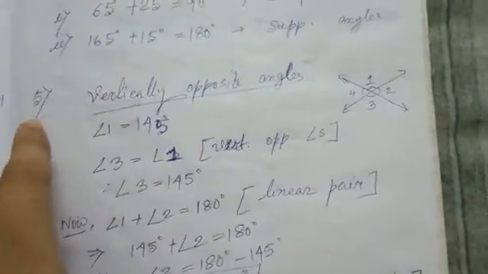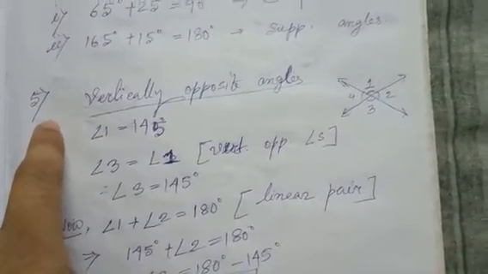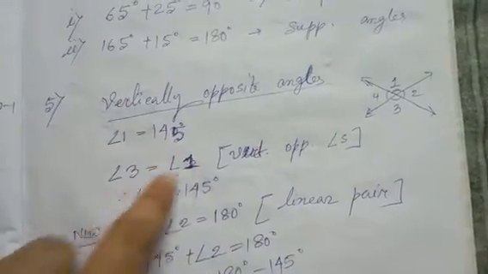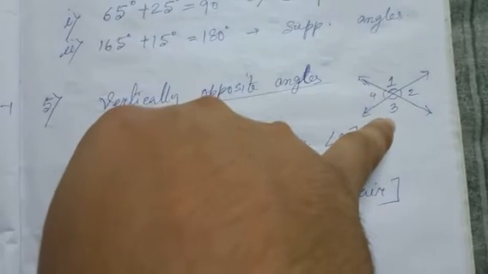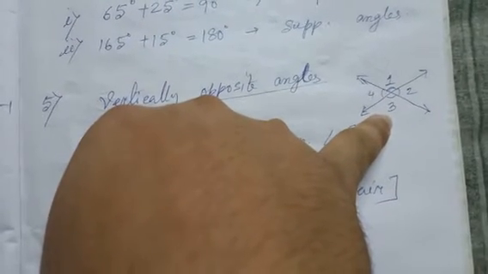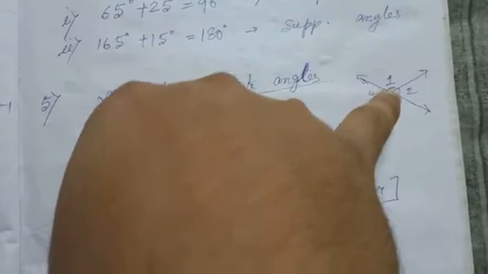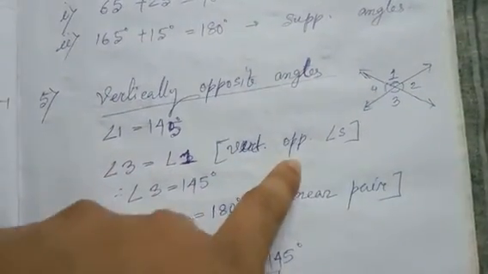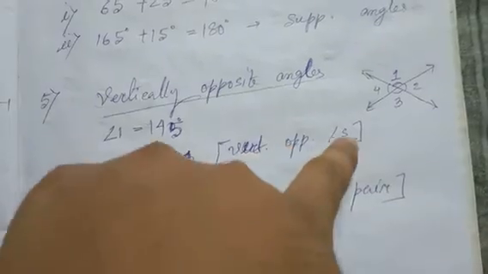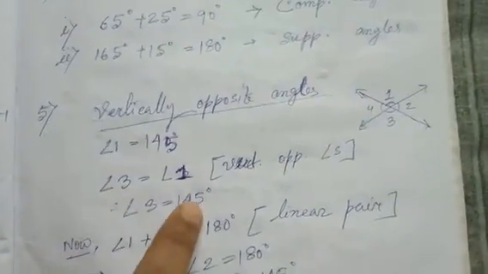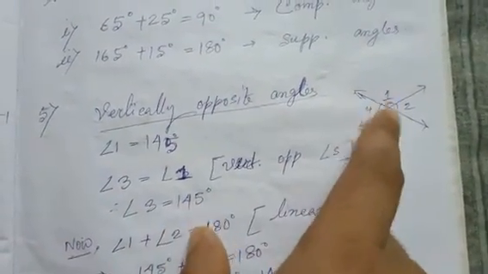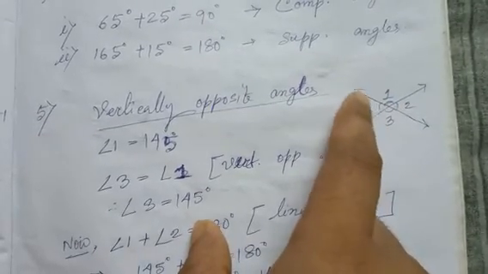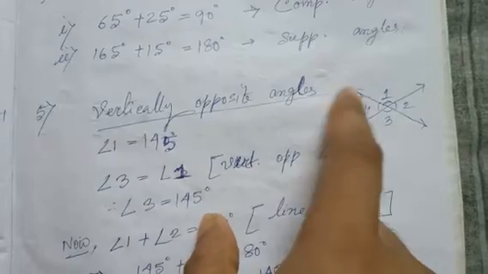Next, sum number 5. Angle 1 is 145, given. So angle 1 and angle 3 are vertically opposite angles, so they will be equal. Angle 1 equals angle 3, vertically opposite angles. Therefore angle 3 is 145. Angle 1 plus angle 2 will be a linear pair, because this is a straight line.